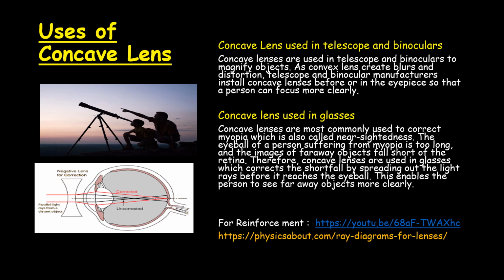Here the eyeball of a person suffering from myopia is too long and the images of faraway objects fall short of the retina. They are formed before the retina. So you use concave lenses and you push it to the retina. So by using concave lens glasses, you can correct this short-sightedness or nearsightedness or myopia, and you can again see the things properly. Thank you.